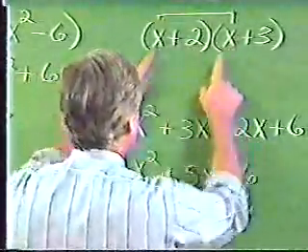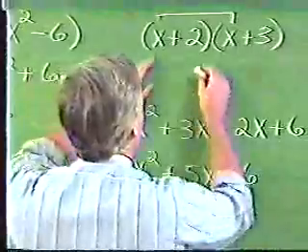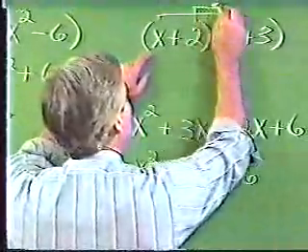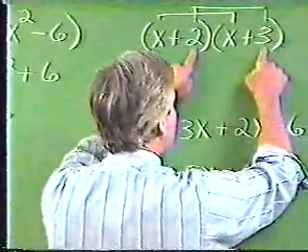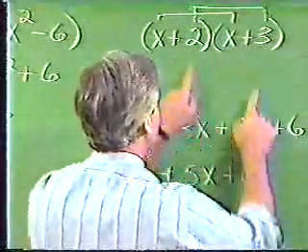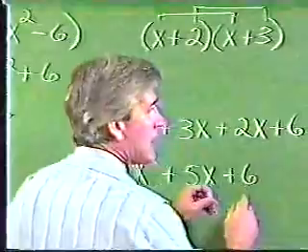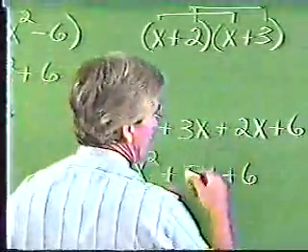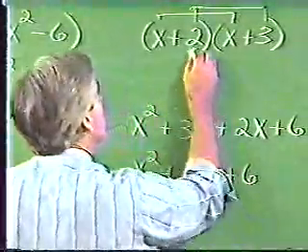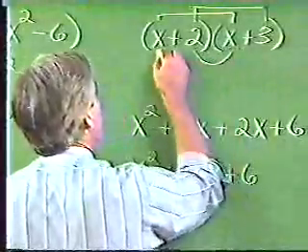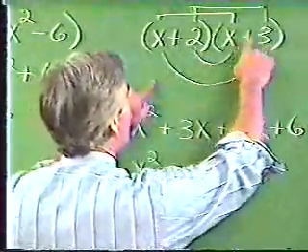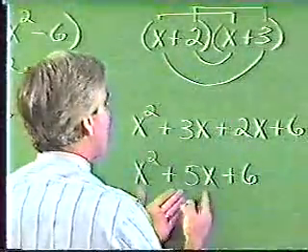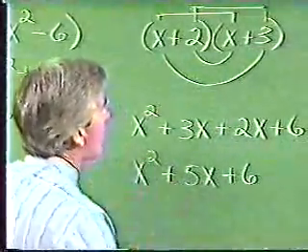So x times x gives the x squared. And the last ones multiplied will give the term of lowest degree in the answer. So 2 times 3, 6. And we may anticipate, because it happens so often, that we'll collect this product and this product to get the middle term. So it'll be like 2x and 3x to give 5x for the middle term. So that pattern works as well.